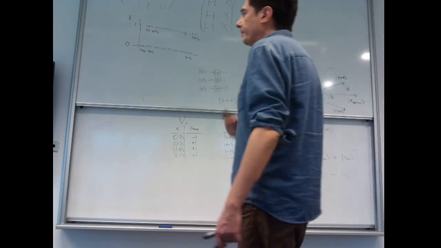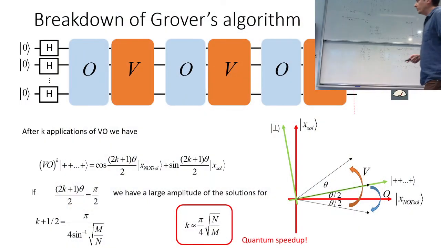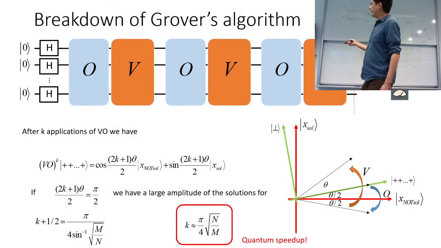Okay, and now here comes the most important part: how many times do you need to apply this? Because we know this angle, after k applications of this VO, essentially we want this thing here to be 1, or we want that angle to be pi over 2.